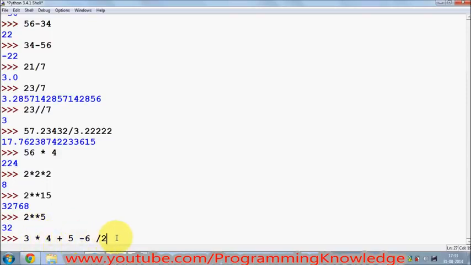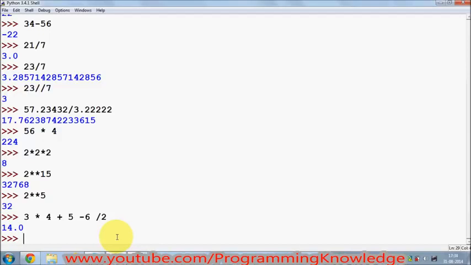Okay, or what will be the order of this operation? Like simple mathematics, if you remember when you were in school, or if you are still in school, you know this basic formula called PEMDAS, okay.